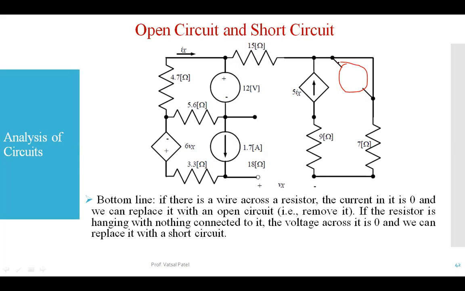If the resistance is hanging with nothing connected to it, like the 18 ohm resistance given over here, it is connected with only one terminal and the other terminal is left open. That means the voltage across it is equal to zero. So we can replace it with a short circuit. Do you understand up to here?